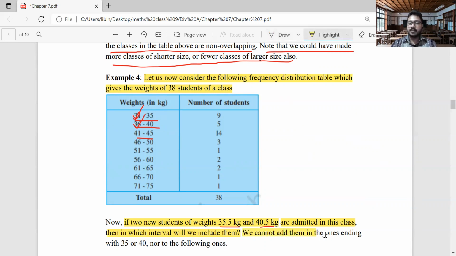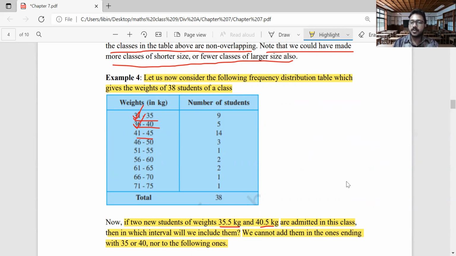We cannot add them in the classes ending with 35 or 40, nor the following ones. Okay, that is the problem. We cannot add them to any of the following classes. Okay, then how are we going to include them? But we can't avoid them, because they are also present in our class.